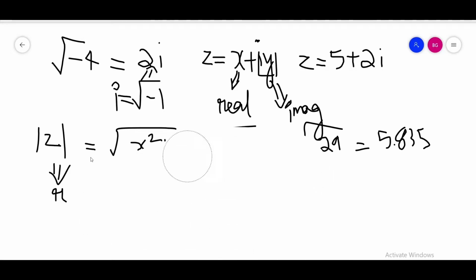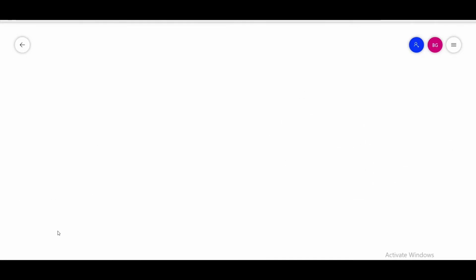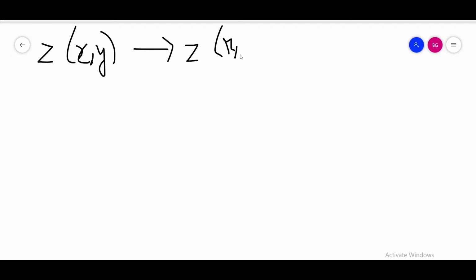Now let us understand how to convert Cartesian form into polar form in a complex number. In a complex number, z, (x, y) is the Cartesian form, and we convert this into polar form, which is r and theta.